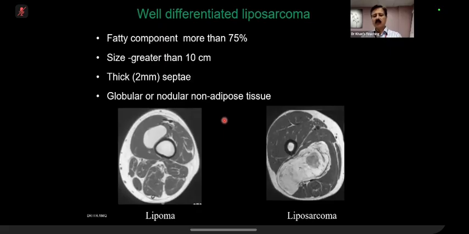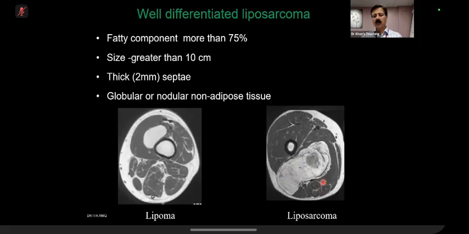And if you see a lesion like this, you can do a biopsy because it gives you a target. But if a lesion is well differentiated and it contains only 2 or 3 millimeter thickness of septi, you cannot do a biopsy. You just remove the lesion. Here, though radiologically speaking it looks malignant, we will do a biopsy.